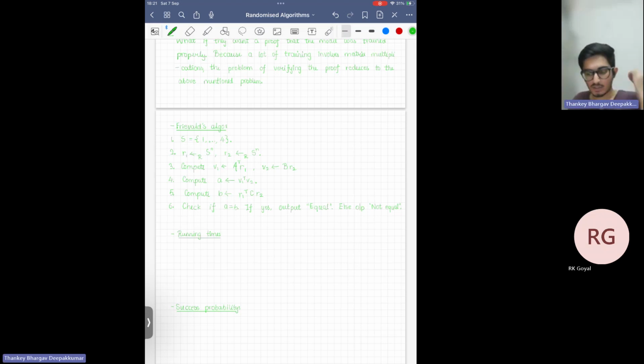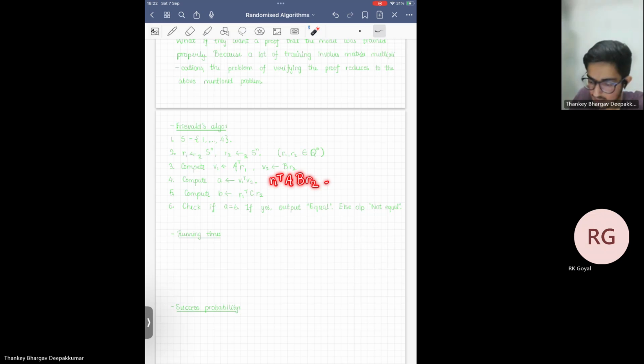Okay, so this is the algorithm. What we are doing is picking two random vectors. Let's think of these as column vectors. And computing the product of A transpose and R1, and B and R2, and computing this, R1 transpose A B R2, right?